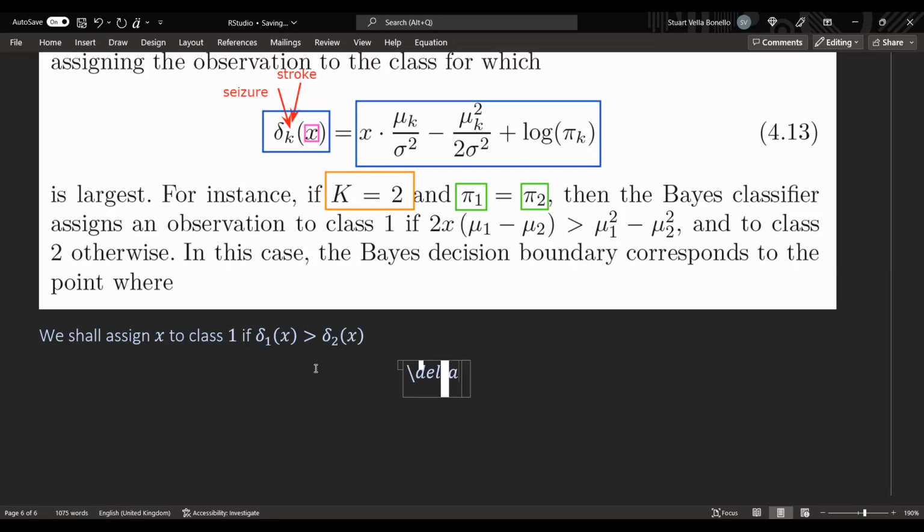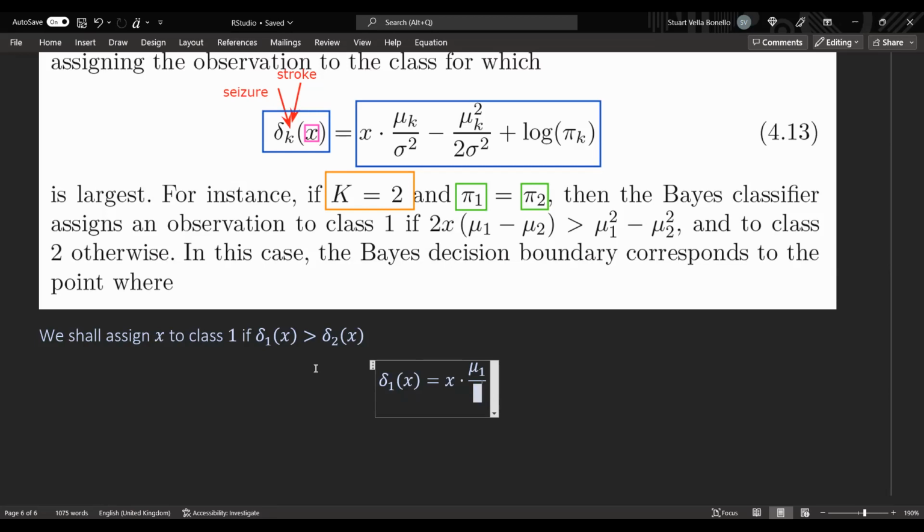Now, delta 1 of x is x times mu1. We're assuming the same variance.